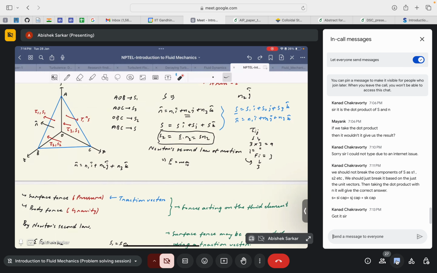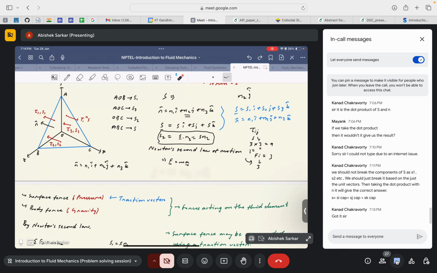Okay, then let's just go through it once. One way to think about it, I'm just trying to give a last try. For example, if this is the surface S, and you consider this surface S as a vector, then we can write it as S_i i cap plus S_j j cap plus S_k k cap.